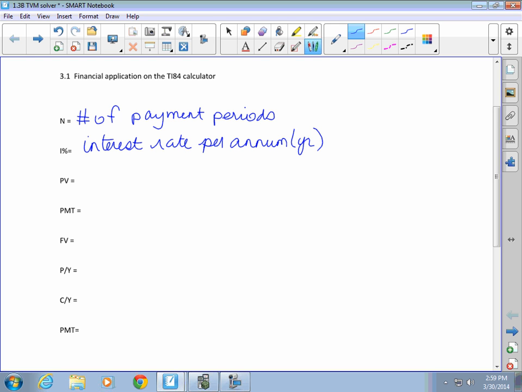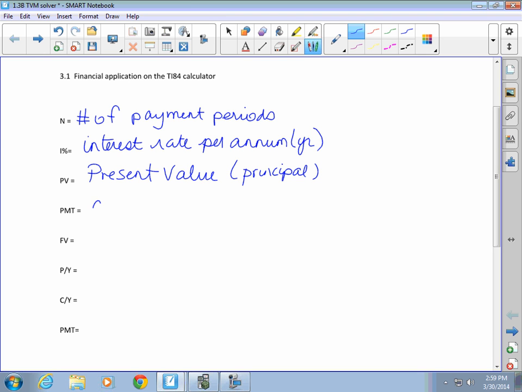PV is our present value, so similar to what we would call our principal. PMT is going to be a function that we use when we want to calculate, say for example, a loan, how much each payment would be.